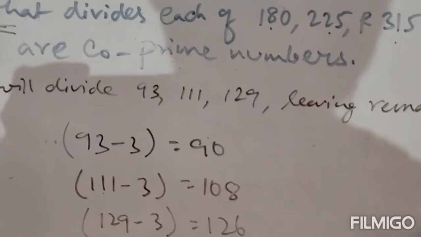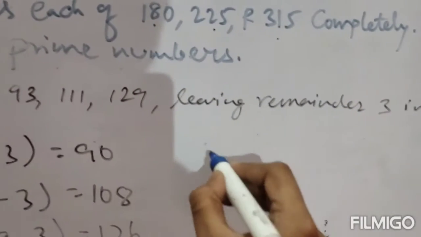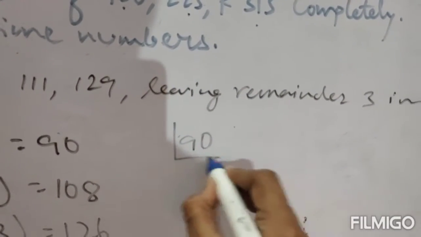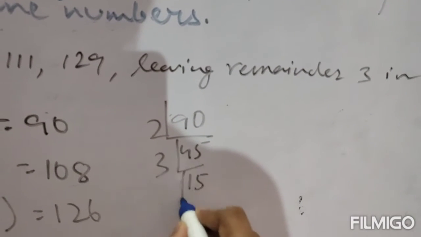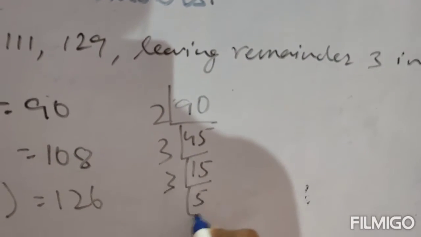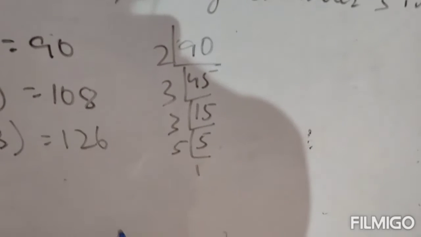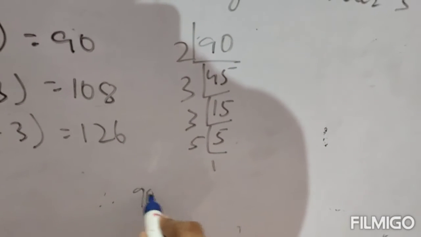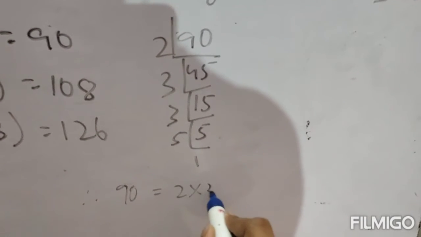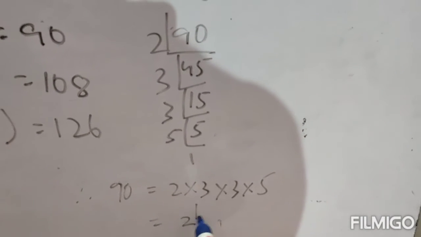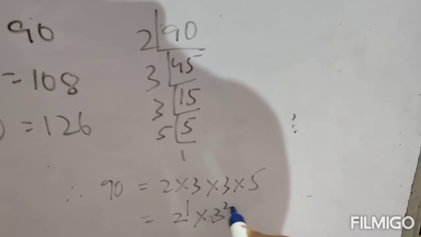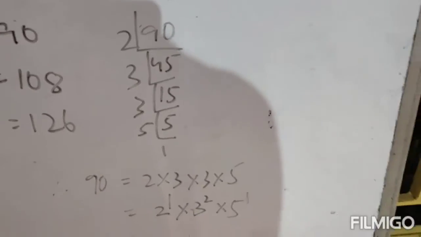So let's find out. For 90, 2 times 45, 3 times 15, 3 times 5, 5 times 1. Therefore 90 equals 2 into 3 into 3 into 5. Therefore 2 to the power 1 into 3 to the power 2 into 5 to the power 1.